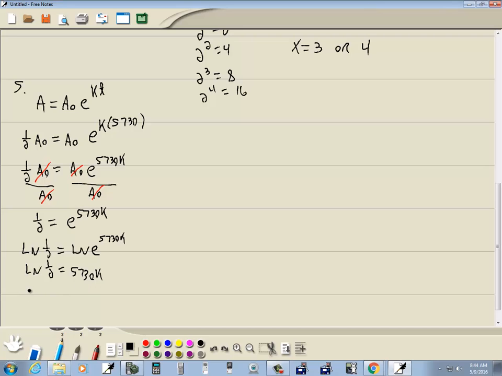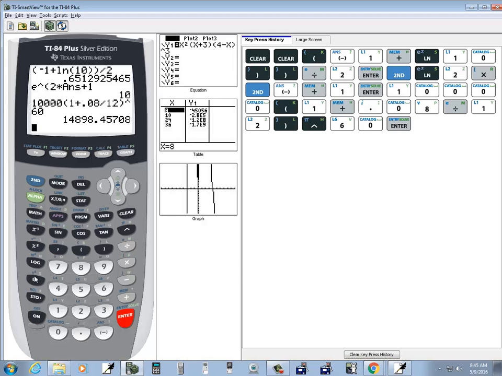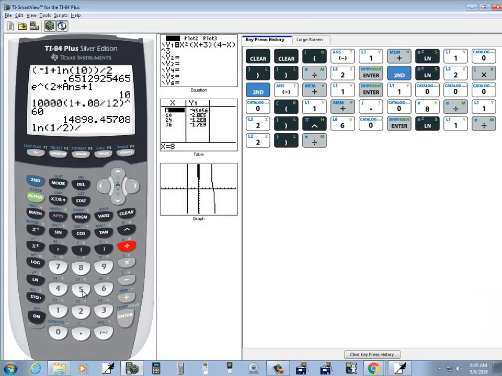And divide both sides by 5,730. And that's going to equal k. Now I could put that in decimal form. Maybe I will, just to make it a little bit easier to see. Natural log of 1/2 divided by 5,730.